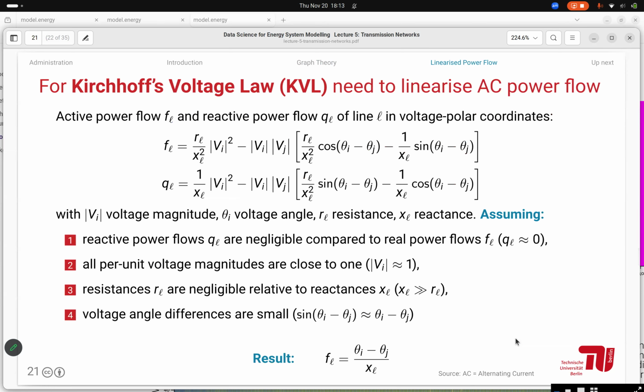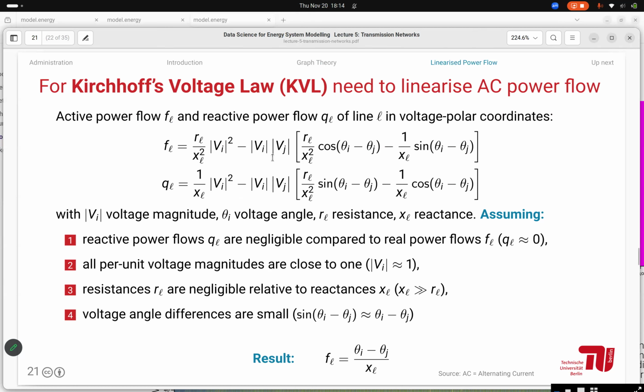For Kirchhoff's voltage law, we need to work with the original AC power flow equations. They look quite complicated, but I just added them here for completeness. In principle, the AC, so alternating current, power flow is a non-linear equation. There are different ways to express it, but you can express it in voltage polar coordinates. For the electrotechnical quantity of voltage, you get a voltage magnitude.